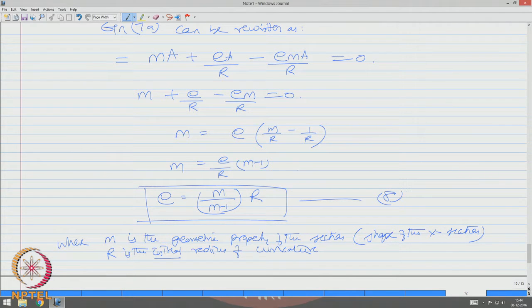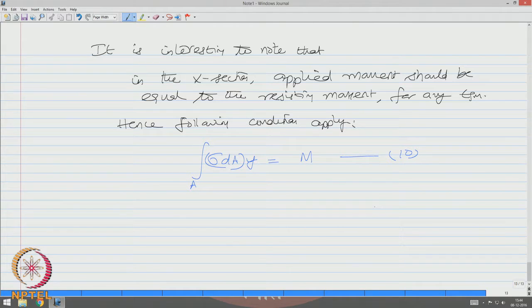This is actually equation 8, this equation 9. So, 10.